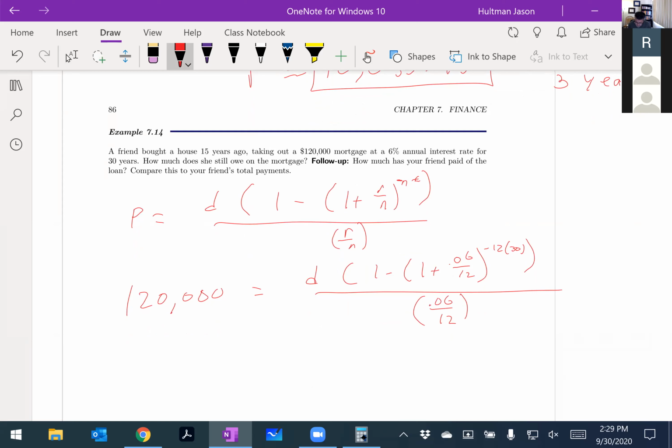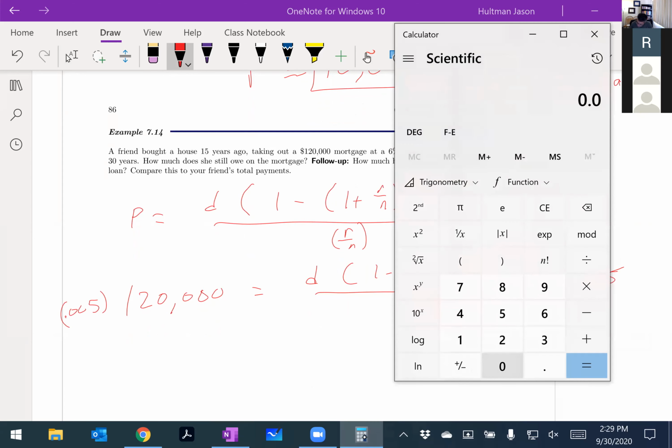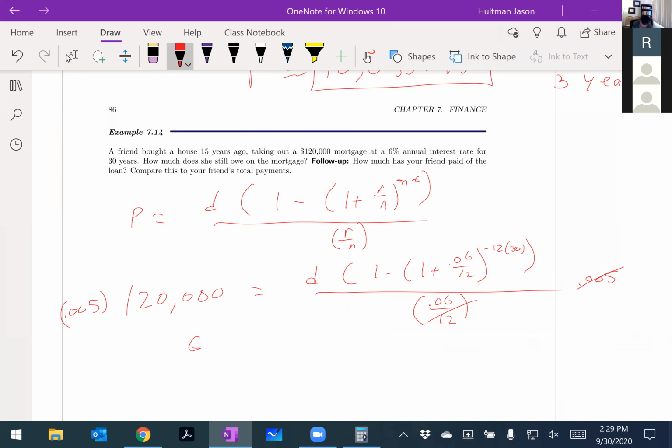So 0.06 divided by 12 is 0.005. I'm going to multiply both sides by 0.005. And that will give me 0.005 times 120,000, which is 600.